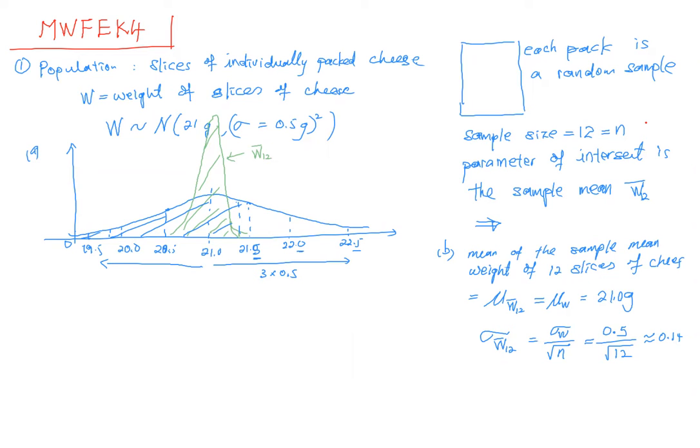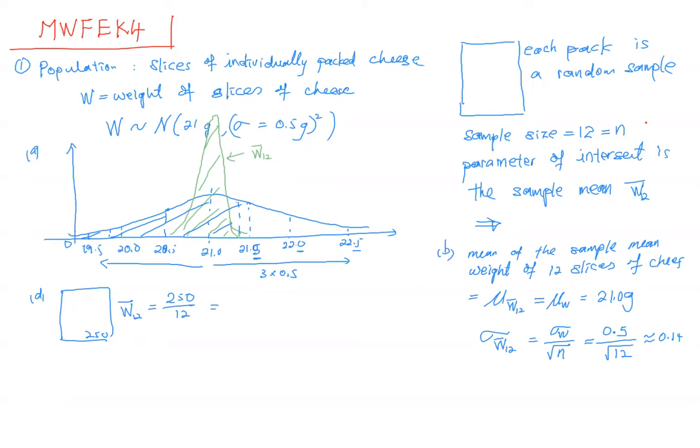Part D: if the label is 250, what is the mean weight? I expect 250 divided by 12, am I right? So that will be the mean weight. Find the probability that a randomly chosen pack of 12 will contain less than its label.